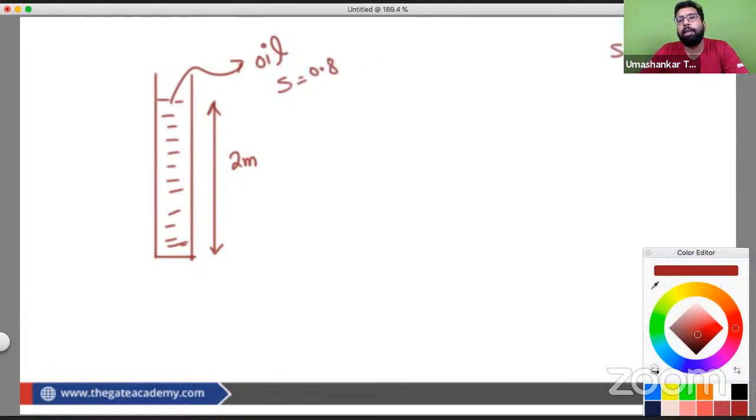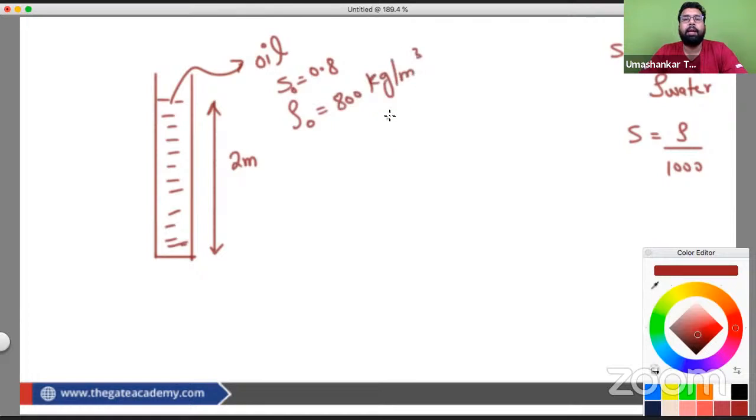I hope we know specific gravity is density upon density of water at 4 degrees Celsius, but when nothing is mentioned, we use it as 1000. So that means the density of this oil is 800 kg per meter cube.